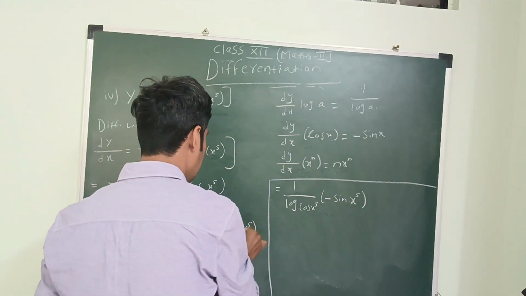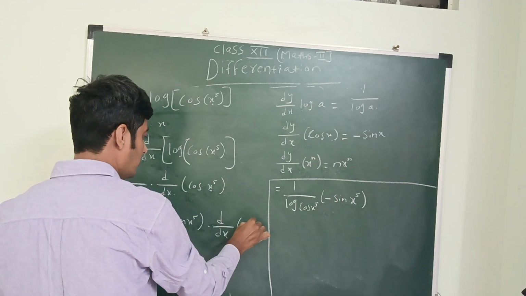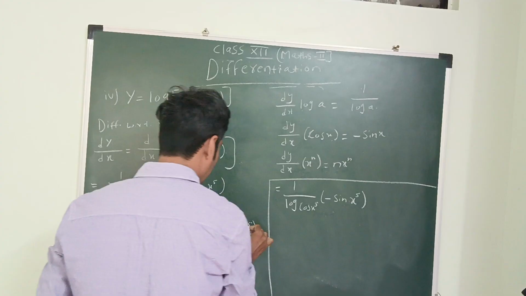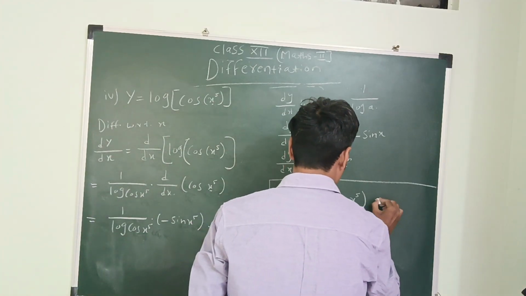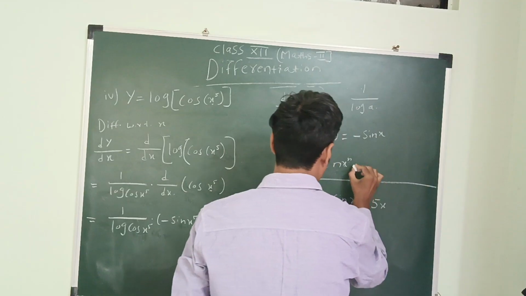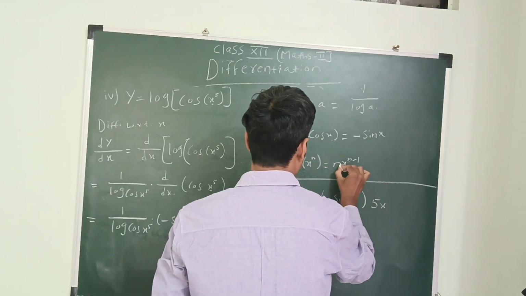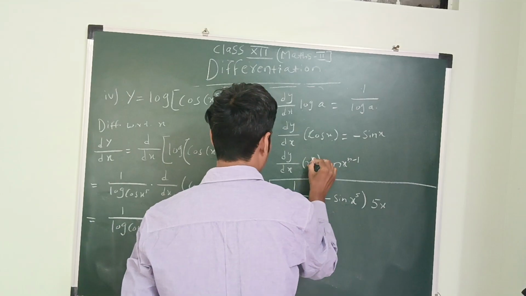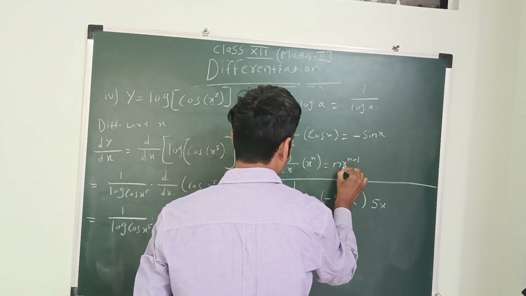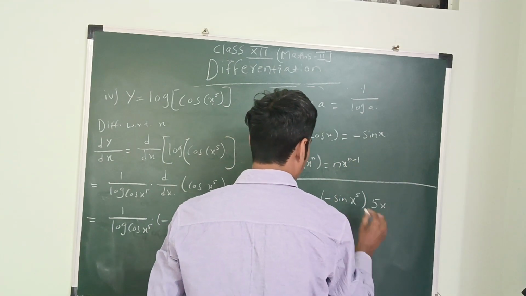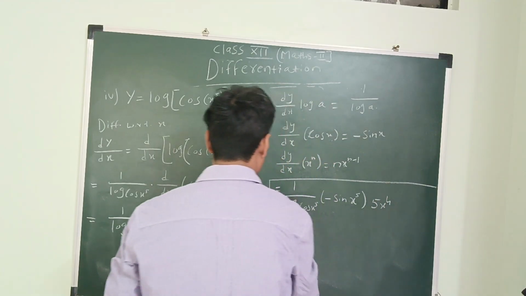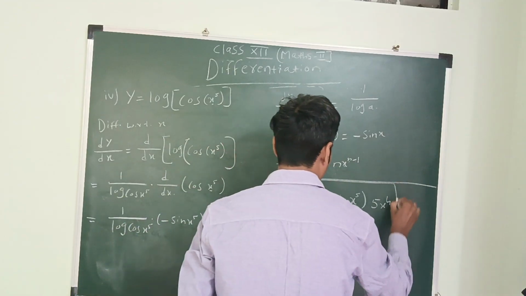What is the derivative for x raised to 5? The number for n is 5, so 5x raised to n minus 1, which will be 5 minus 1, which is 4. So this is your final answer.